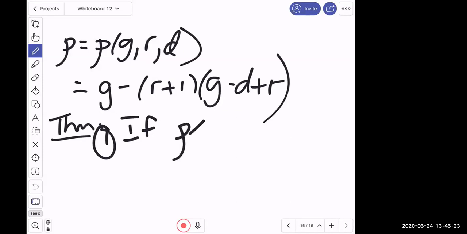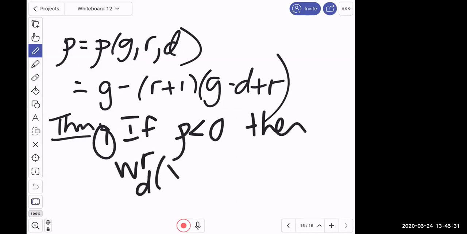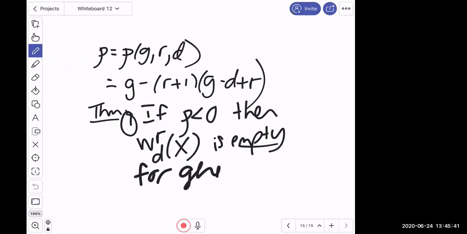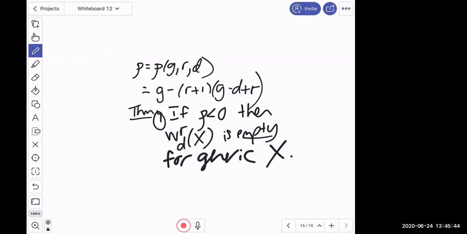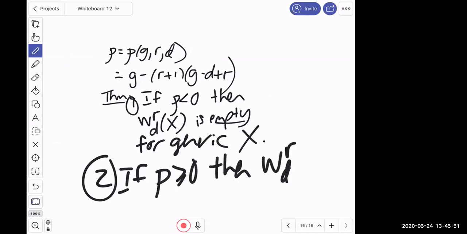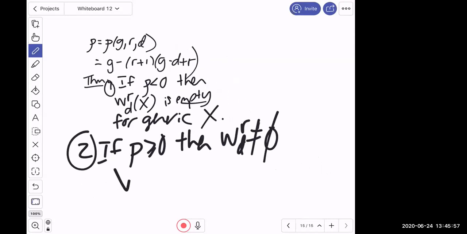Part 1: if rho is negative, then W^r_d(X) is empty for generic choice of X. And part 2: if rho is non-negative, then W^r_d is non-empty for all X of genus g, of course.